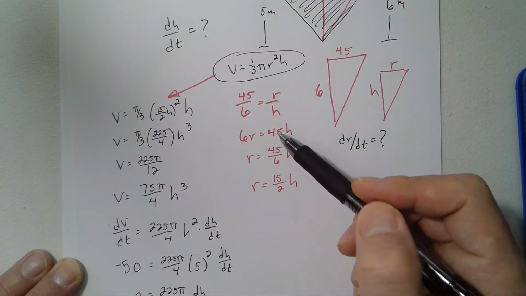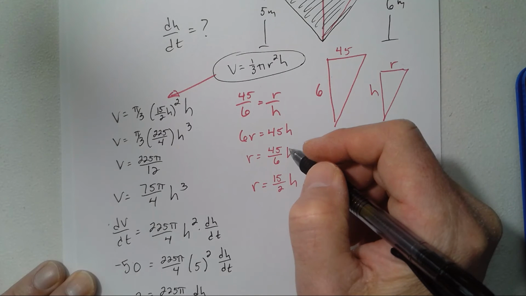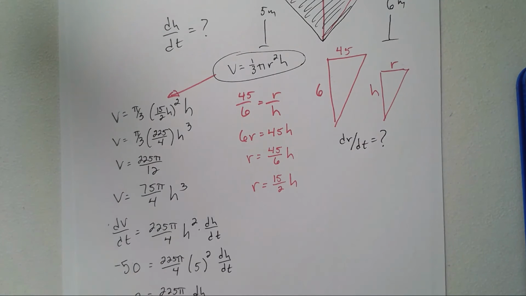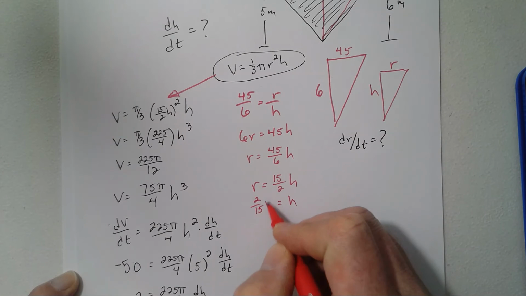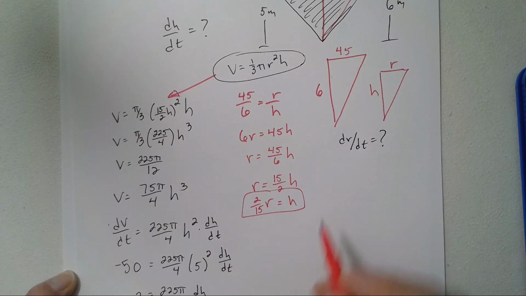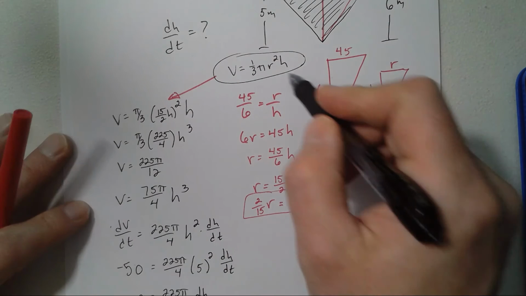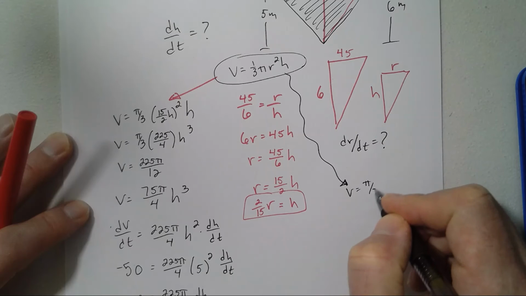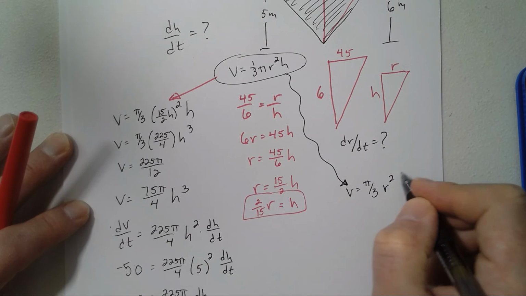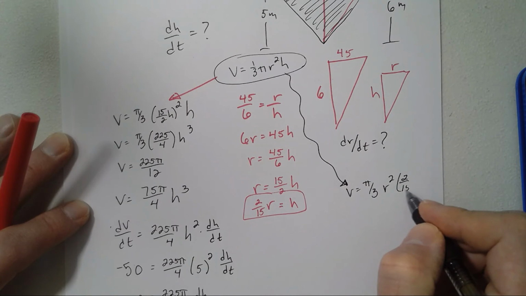So in this equation right here, we're going to solve for h. So h would be 2/15 r. Our new and improved equation is the volume, pi over 3 r squared times h, which we now know is 2/15 r.